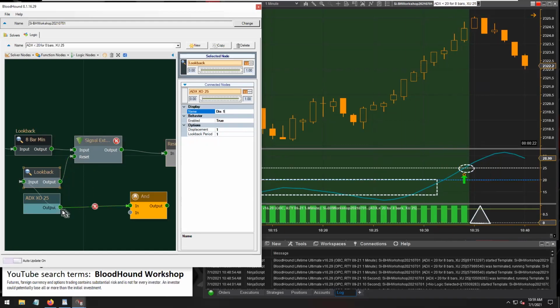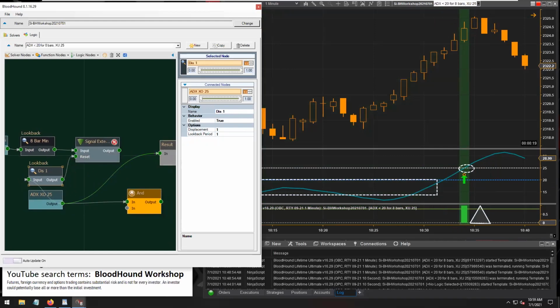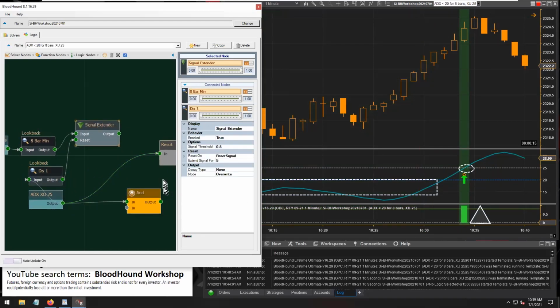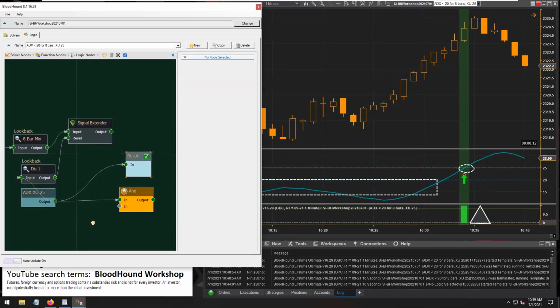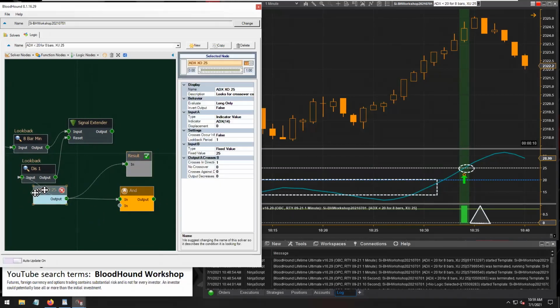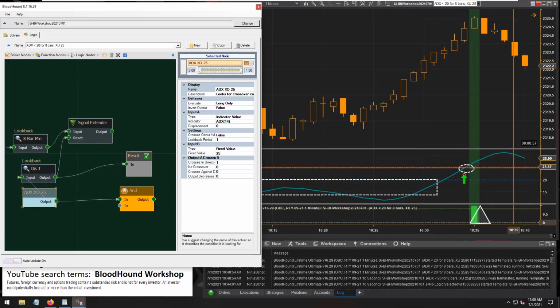So what's doing that delay here? Let's take a look. We're looking at the crossover solver right now, and it lines up with our arrow and the indicator crossing. Now if we look at our look back node, we can see the crossover signal was shifted forward 1 bar, so it was delayed 1 bar on the chart.